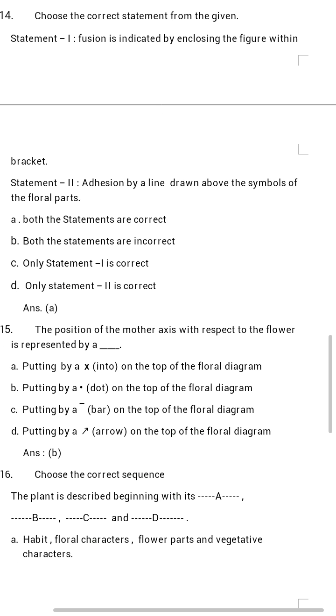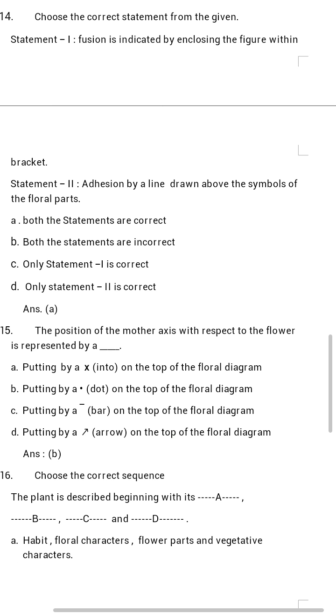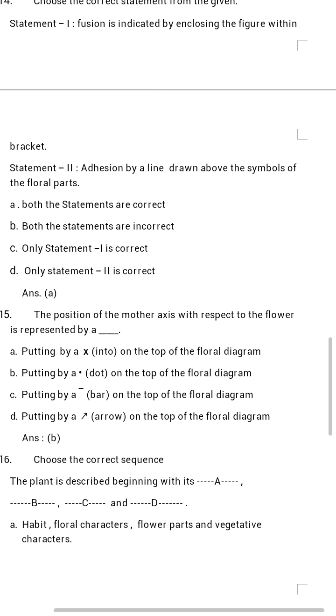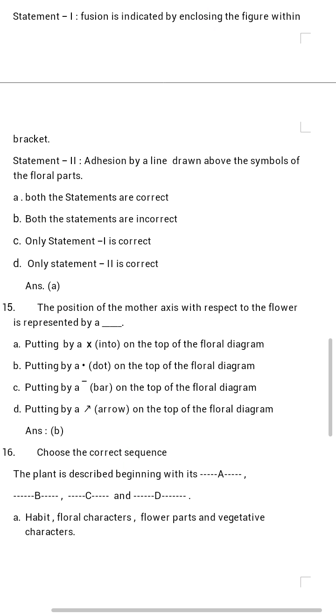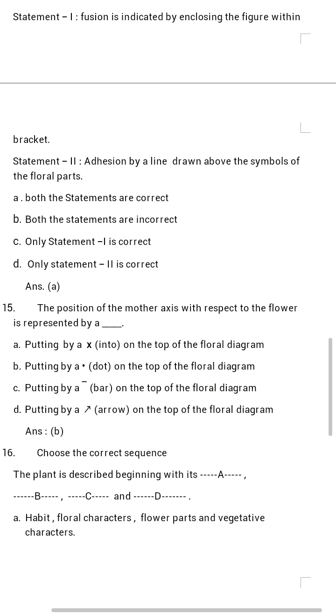This is a very important concept. We had a discussion in theory class. I repeat, statement 1: fusion is indicated by enclosing the figure within brackets. So this is correct. Left and right side brackets should be kept for the enclosing phenomenon.